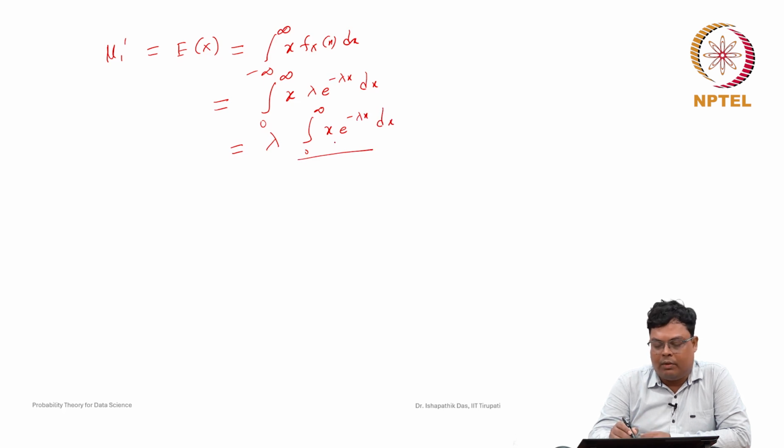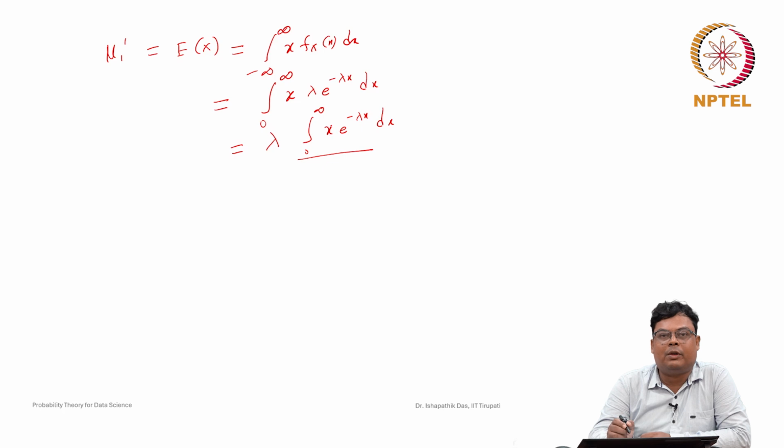One way is integration by parts, but whenever you take higher order moments, such as x to the power square or cube, you have to do more computations and more steps are required, because you have to apply integration by parts several times. For this reason, we will do another simplification.